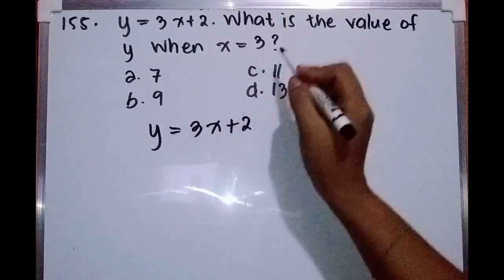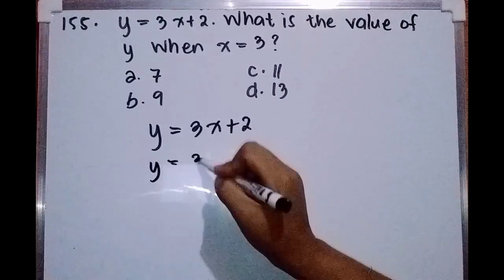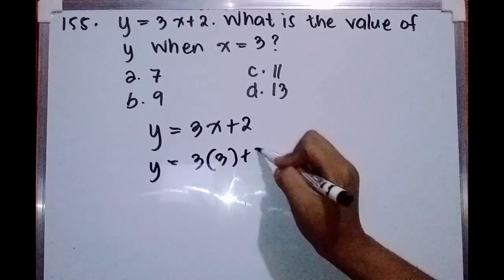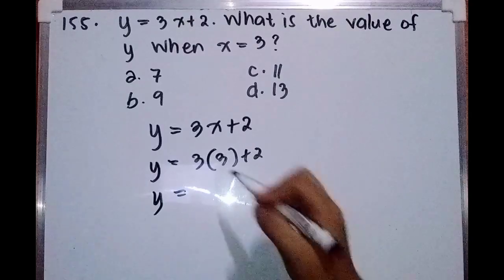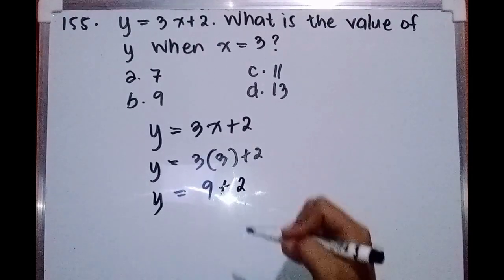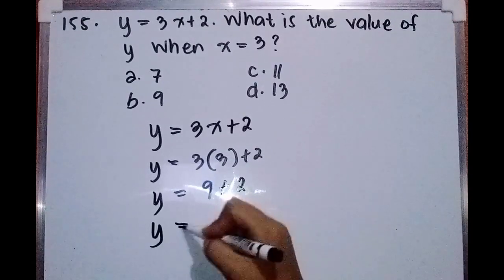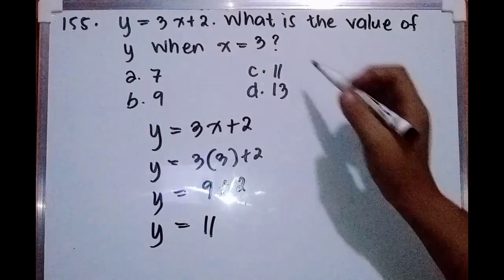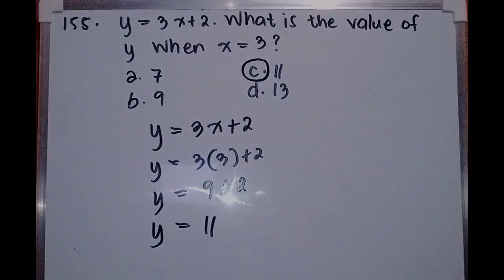What we're going to do is substitute the value of x. y is equal to 3 times x, which is 3, plus 2. y is equal to 3 times 3 is 9, plus 2, is 11. So our y is equal to 11. Therefore, the answer is letter C.